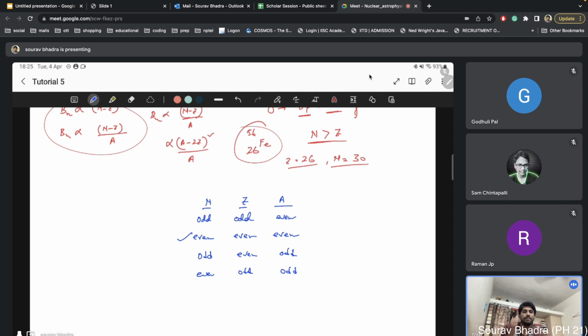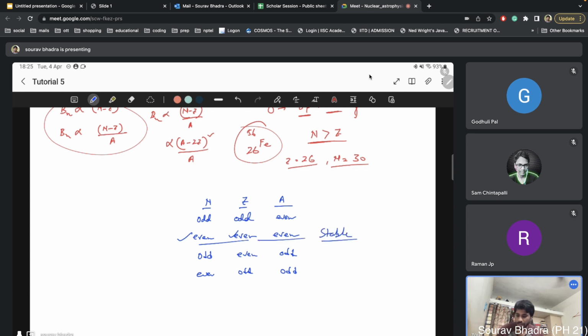If you have an even number of neutrons or an even number of protons, all the particles are paired. One positive spin will be paired with a negative spin. So all the particles are paired and there is no excess of neutrons or protons. That's why this even-even case is the most highly stable.